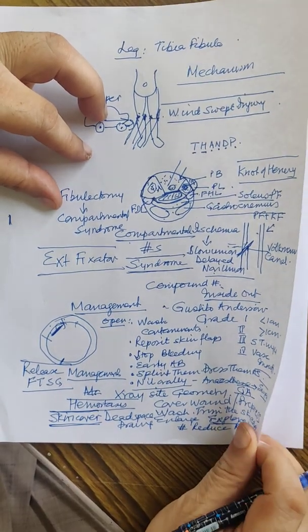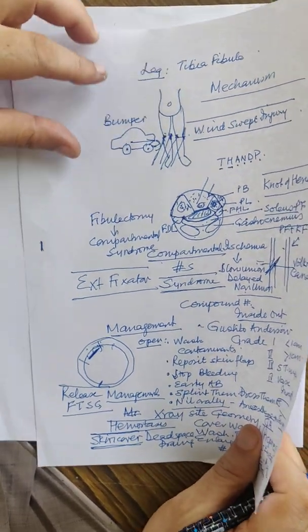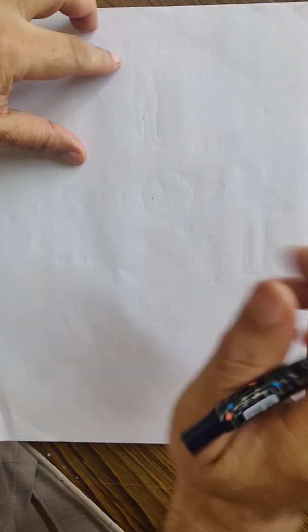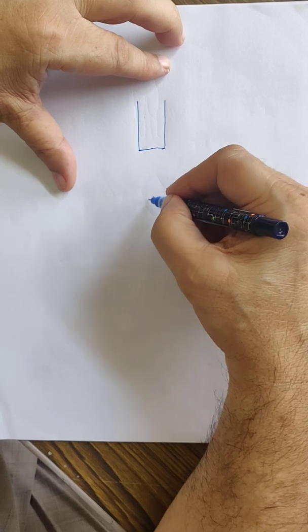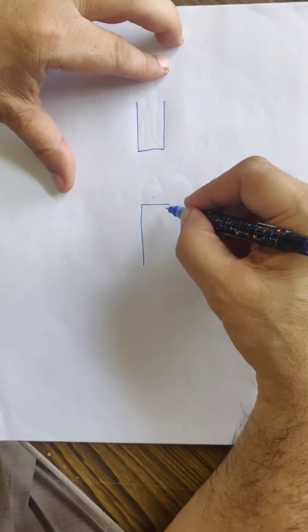Then you have to know how to manage non-union, because what happens is that a portion of the bone may be lost and there may be gap non-union.